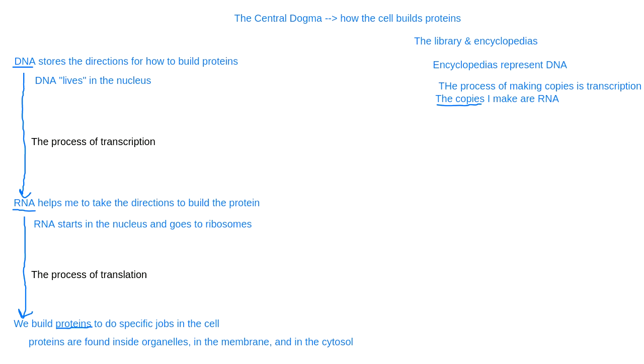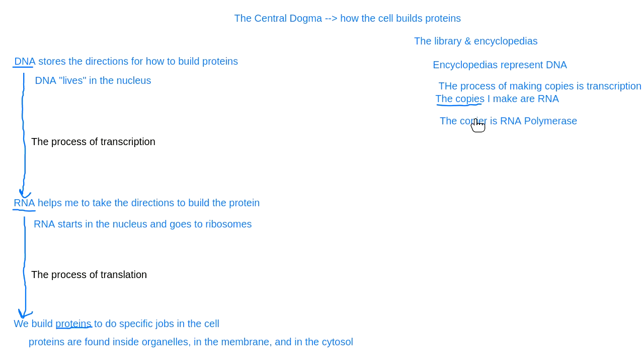RNA polymerase. Exactly. So the copier is RNA polymerase. Its job is to build me RNA, which in my example is represented by the copies. The thing that helps me build my copies is the copy machine. If I was inside my cell, it'd be RNA polymerase.